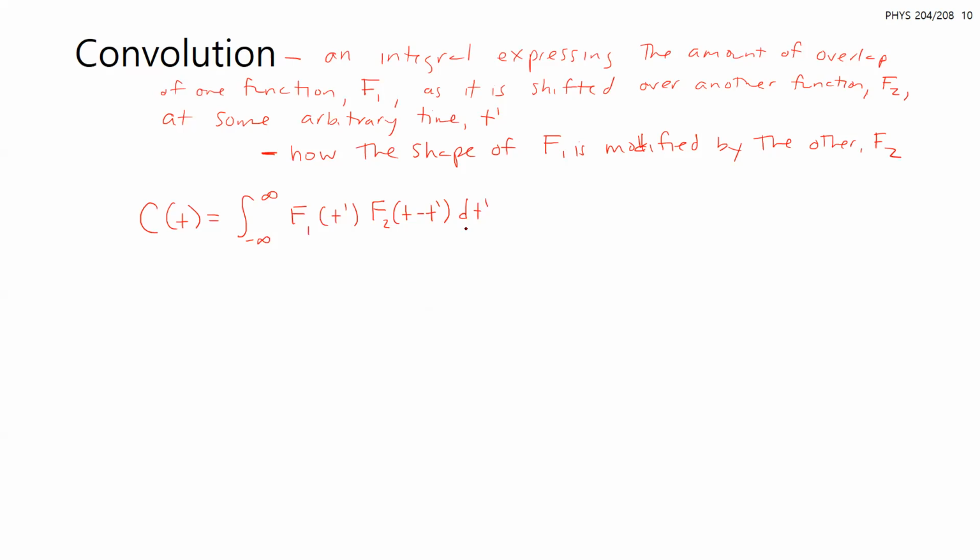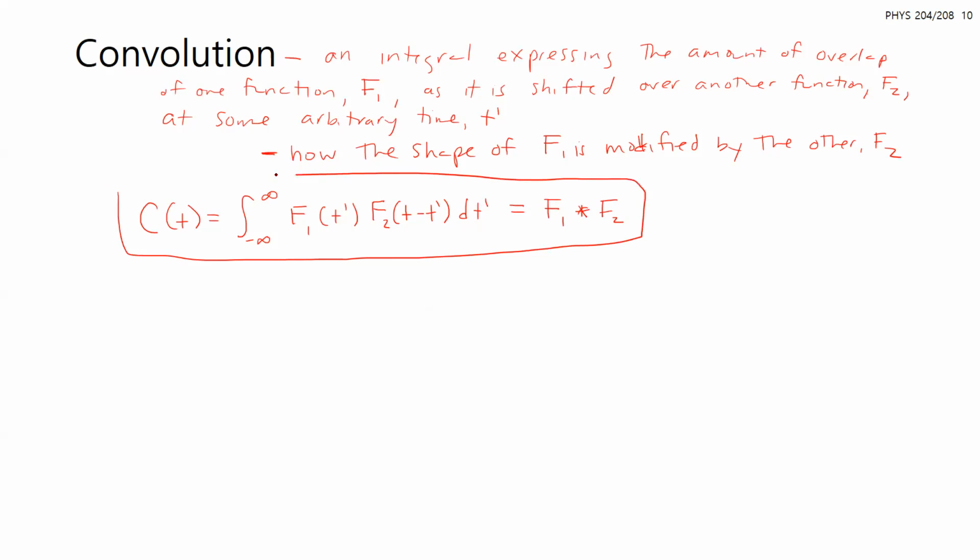And we're integrating it all over the space of this arbitrary time. How this is typically written in the notation for convolution is the asterisk symbol here. So the asterisk means the convolution integral.